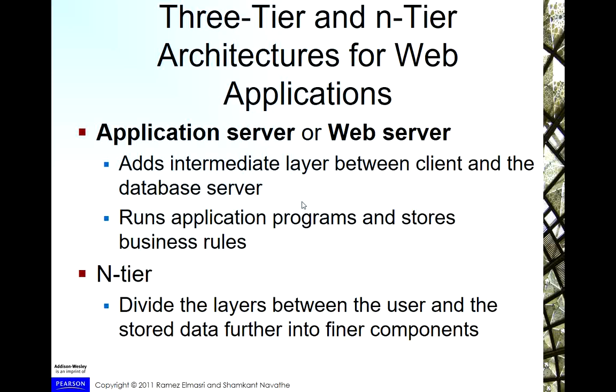How do we access and get information from the server, and how can the client be able to get information from the server? We can use a medium, or an intermediate application called a web server. The web server helps the client get access to the server. It can also run application programs and store business rules and stuff like that, and sort this information in the way that the user likes.